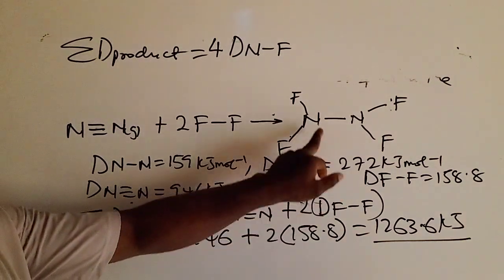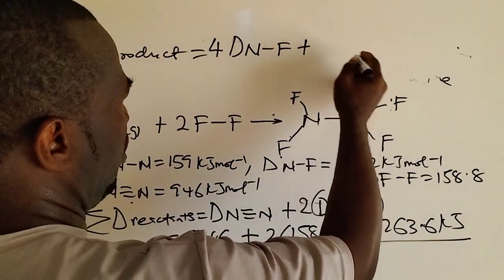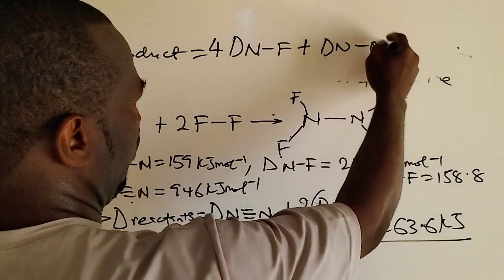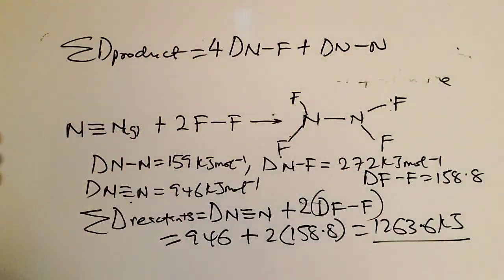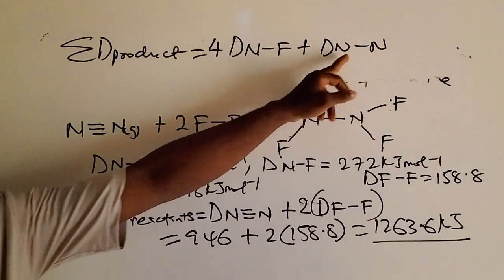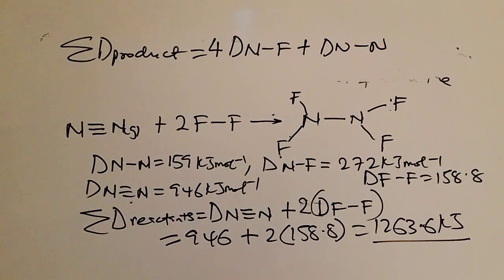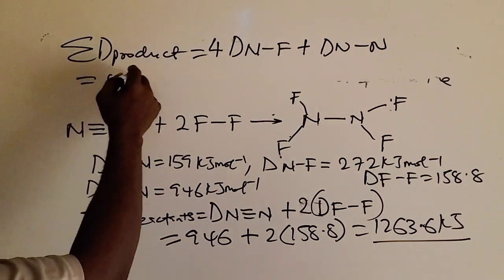Is it the only bond present there? No. We still have the nitrogen-nitrogen bond. So we say plus the bond energy of nitrogen-nitrogen, and there's only one of it, so we don't multiply. I have 4 NF bonds and only one nitrogen-nitrogen single bond. Remember, it's different from the triple bond. Now we substitute.